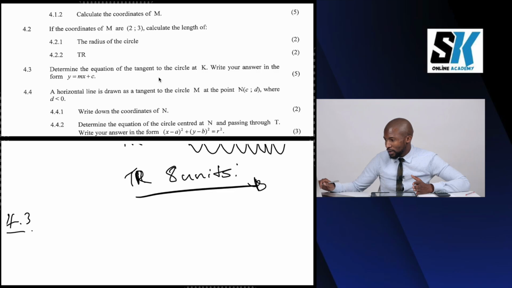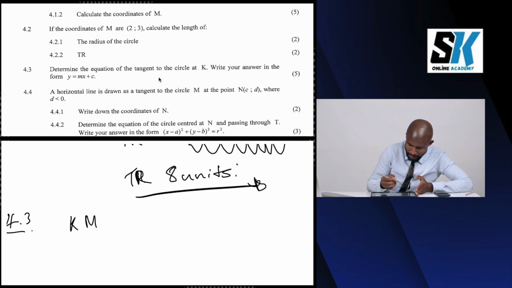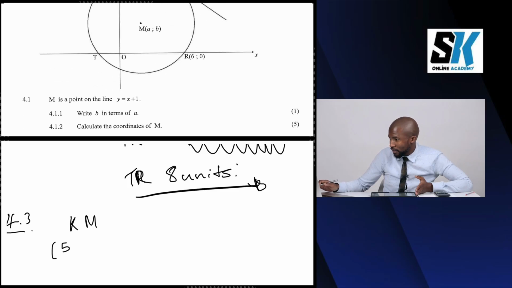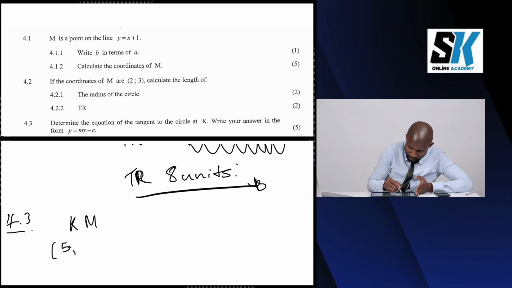Okay, so firstly, let's get the gradient of KM. We already know that the coordinates for K are, let's double check, (5; 7). So (5; 7), that's K. Then M is (2; 3).